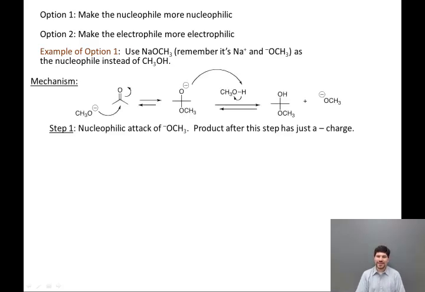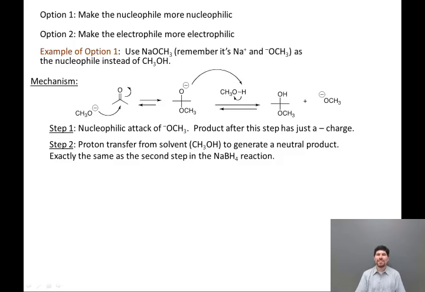Let's look at the mechanism here. In the first step, just like we talked about earlier, we have nucleophilic attack of OCH3-, but the product after this step has just a negative charge on the oxygen that was formerly the carbonyl oxygen. Because we started with OCH3-, the alkoxide oxygen, now forming 2 bonds, is neutral rather than positively charged. The second step is proton transfer from solvent.